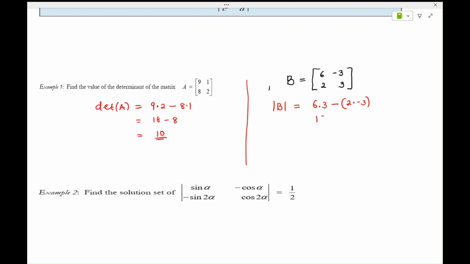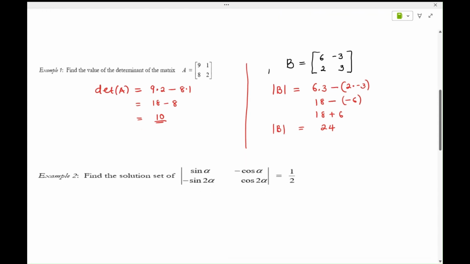So this is going to give us 18 minus 2 times minus 3, which is minus 6. So this will give us just 18 plus 6. So the determinant is equal to 24.